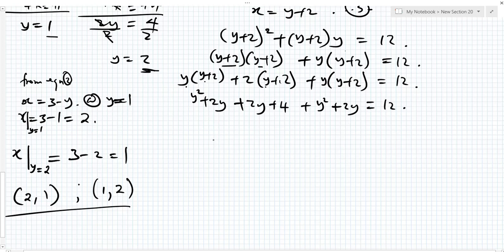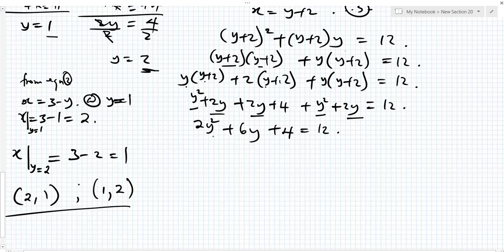Now if you add the like terms, you have 2y squared plus 6y plus 4 equal to 12.